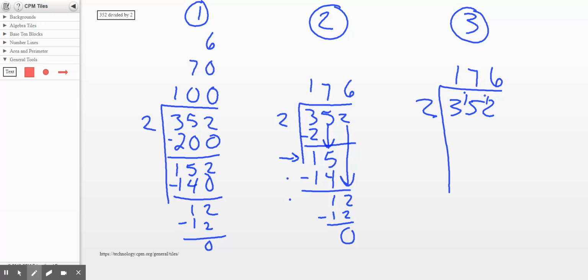So that 1 is representing 1 100, but it's also representing 10 tens. So 15 in this space right here, I'm talking about 15 tens, which is 1 100 and 5 tens. And when I'm looking at the one here, I'm saying that I've got 1 10 left over. So I've got 1 10 and 2 ones. Method 3 is absolutely the most compact piece that there is. But you have to do all of that math in your head, which is fine.